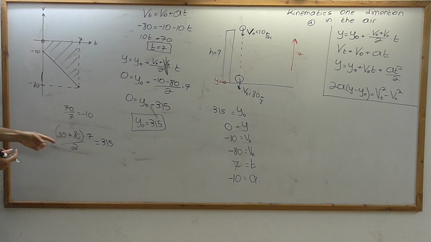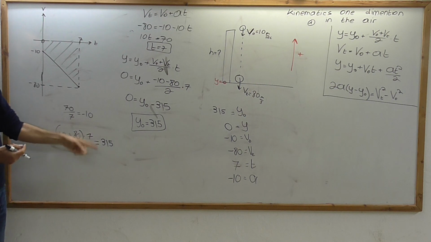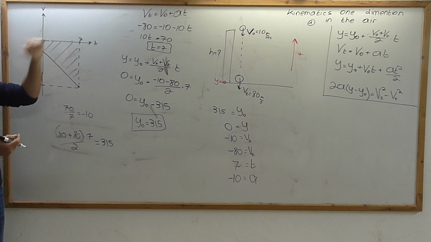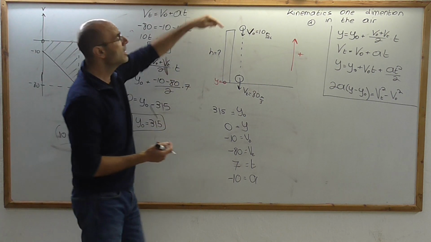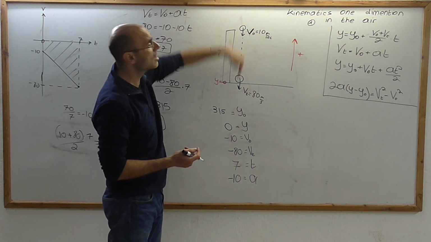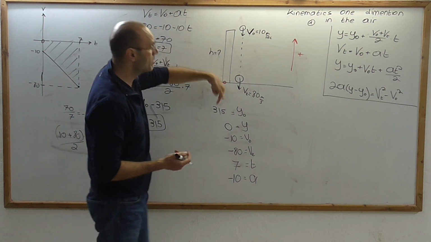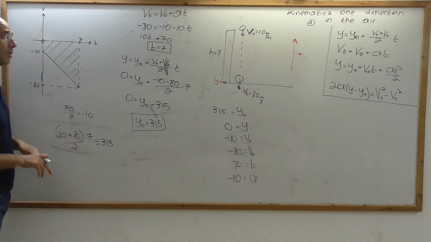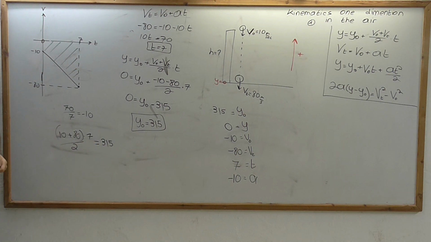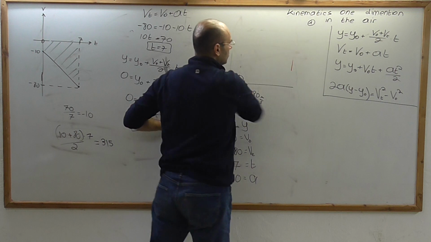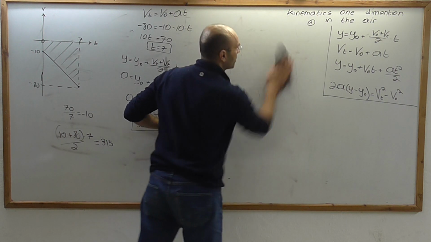Because it went in the opposite direction. The displacement is in the opposite direction, and again it's true. It started here and it went in the opposite direction, so it will be minus 315. Okay, so that's our second example. Let's continue.